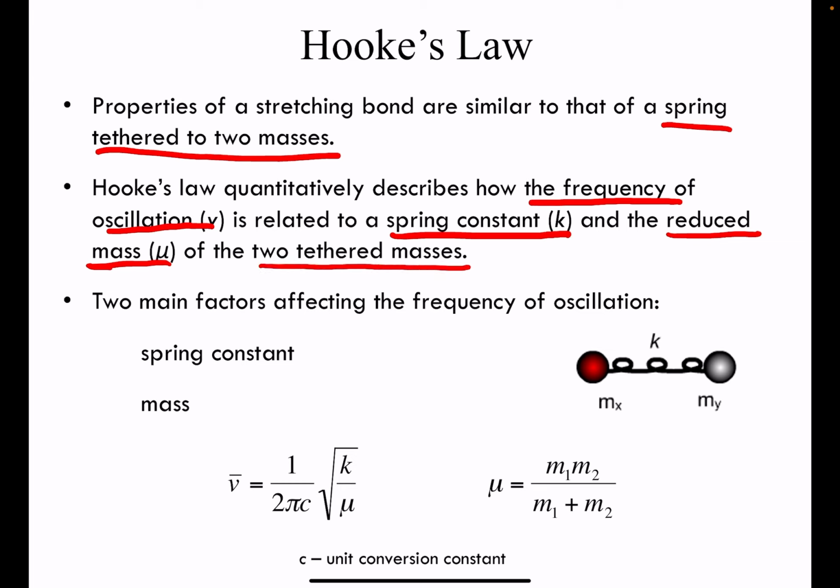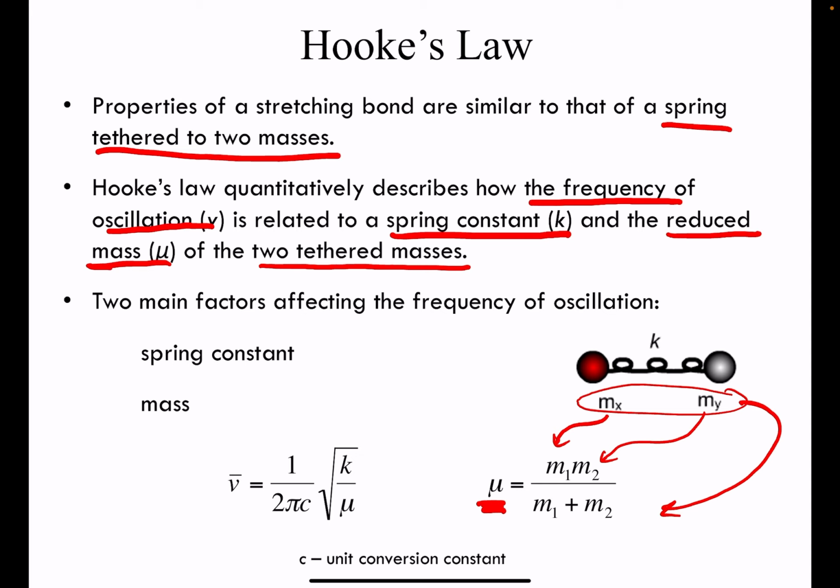So in other words, the two mass values have to come together mathematically to give us what's called the reduced mass, mu. We see the mathematics there for mu shown here, where the numerator is simply the product of those two masses, and the denominator is the sum of those two masses to give us mu here as our reduced mass.